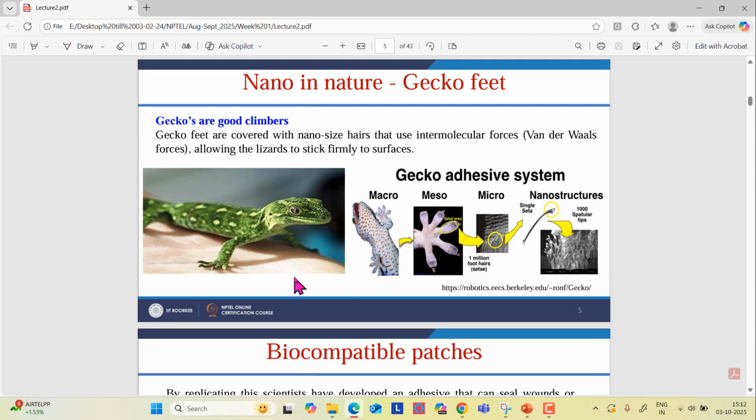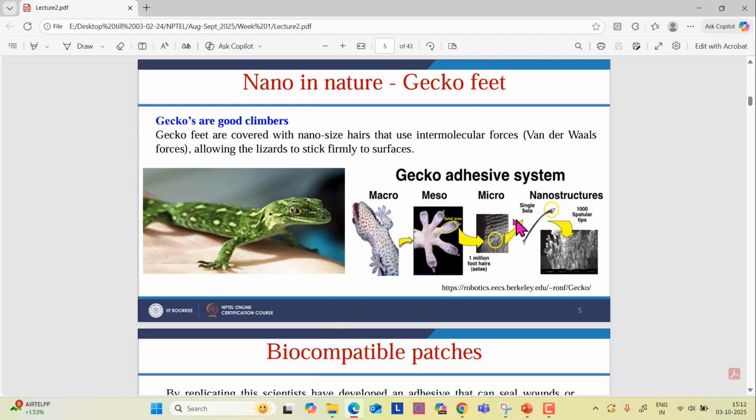That means there are nanostructures at their feet. So those nano-sized structures use intermolecular forces, that is van der Waals forces. Here it is not the capillary forces, because van der Waals forces operate at the nanoscale level.